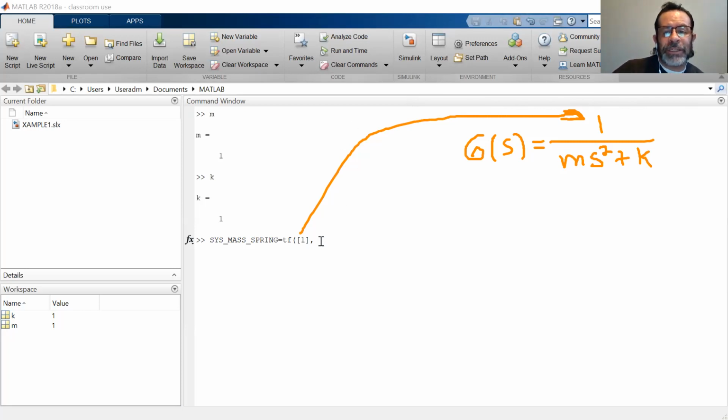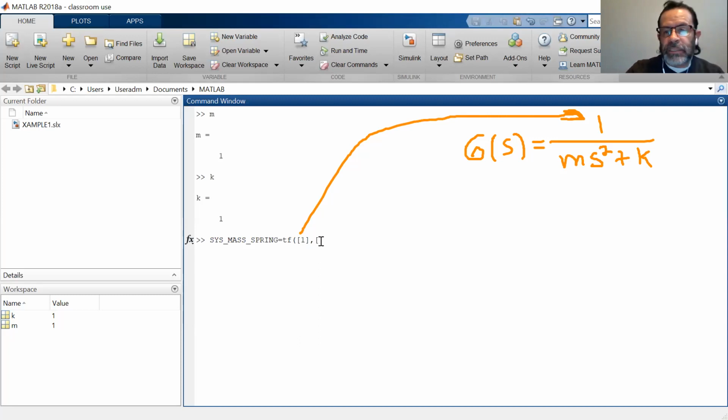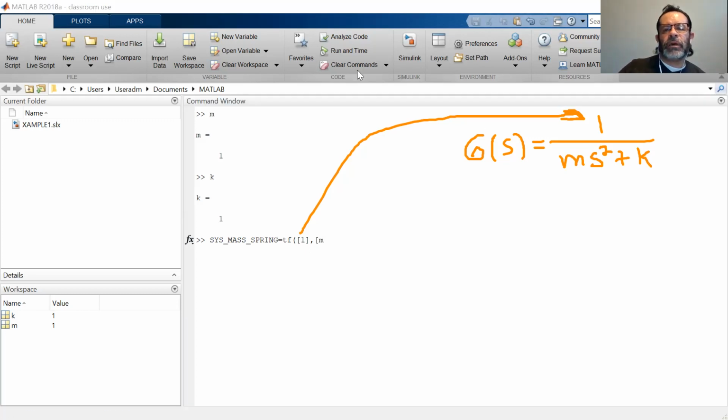And the denominator in this case is going to be the vector that represents the polynomial in the denominator. So how do we represent that vector? It's going to be m, which is the first term, ms squared. What's the next term that would follow? Anybody? If I want to represent this polynomial as a matrix or vector with the coefficients, if the first one is m, what would the next one be?